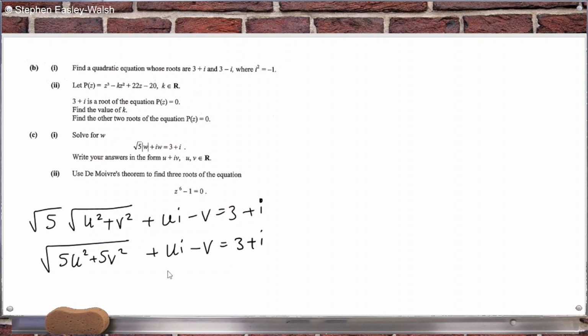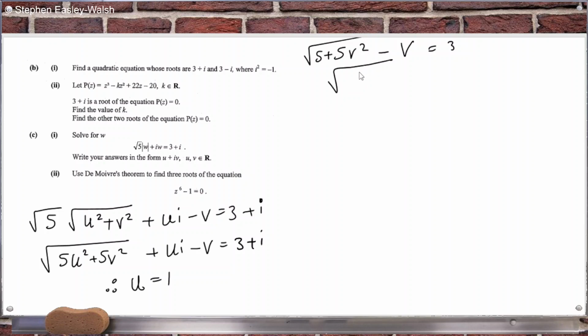So by just comparing the imaginary parts, therefore ui has to equal i, so the u is just 1. So then looking at the real parts, if the u is 1, we get root 5 plus 5v squared minus v has to equal 3.